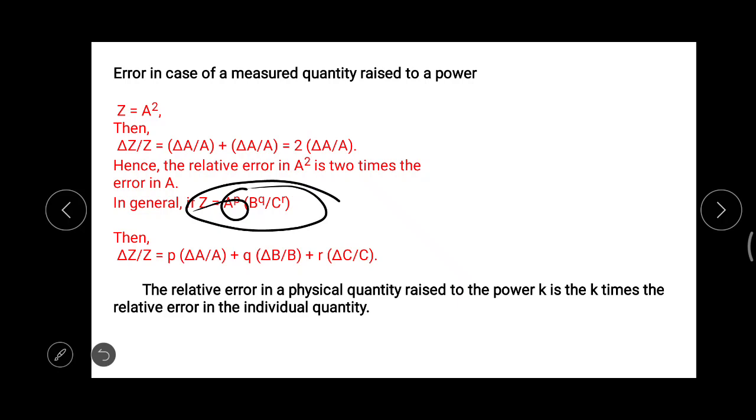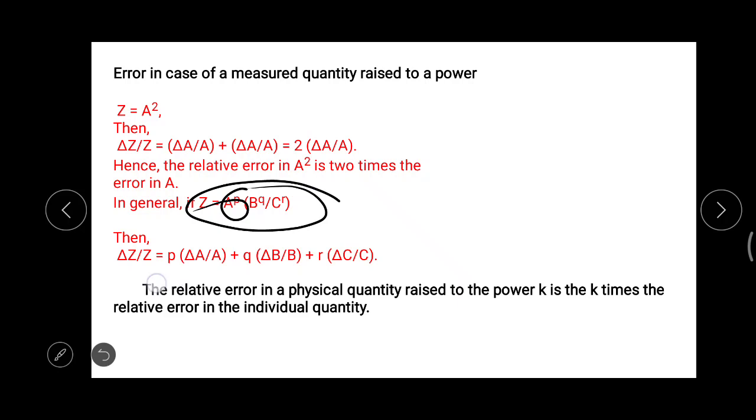So if z is equal to a raised to p into b raised to q by c raised to r, then the total relative error delta z by z will be equal to p into delta a by a plus q into delta b by b plus r into delta c by c.